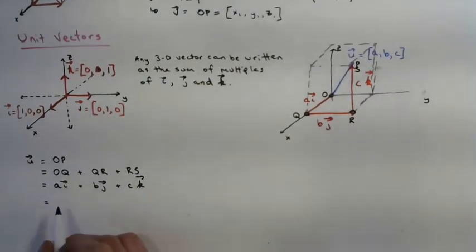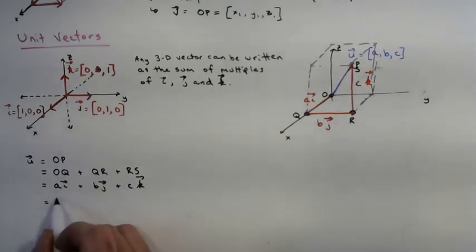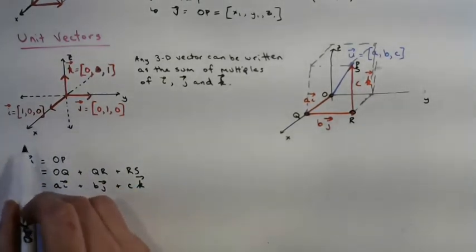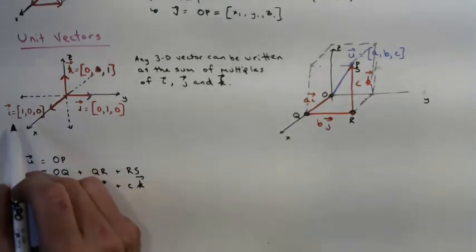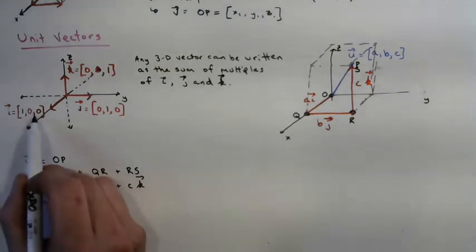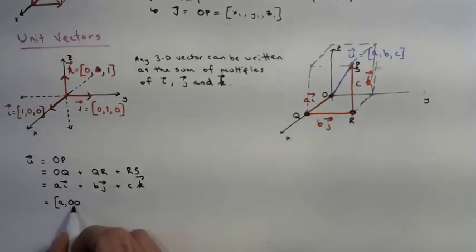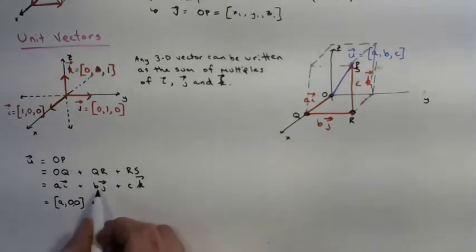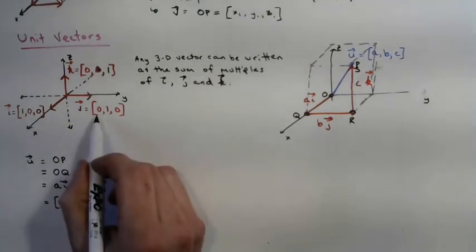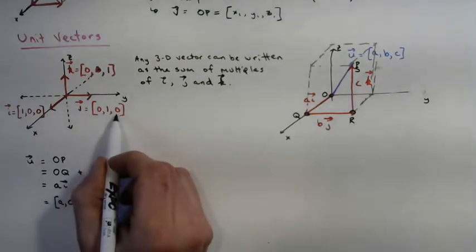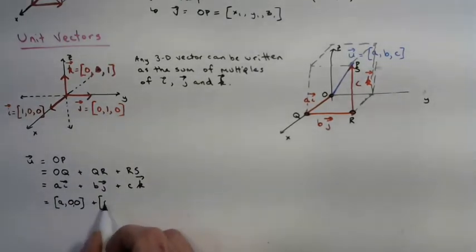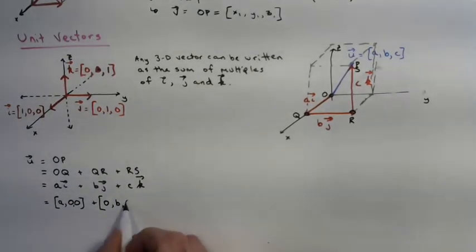And so, well, what is ai? ai, we talked about over here, is some multiple of (1, 0, 0). Well, what is it? It's (a, 0, 0). bj is (0, b, 0).